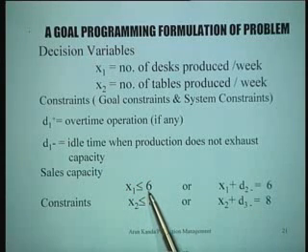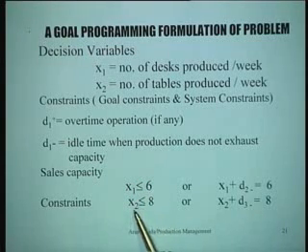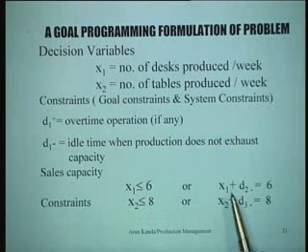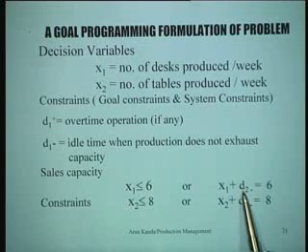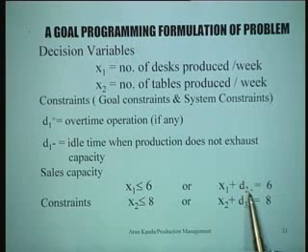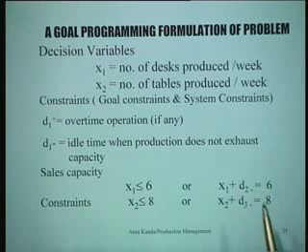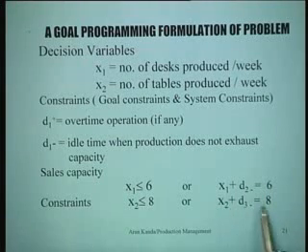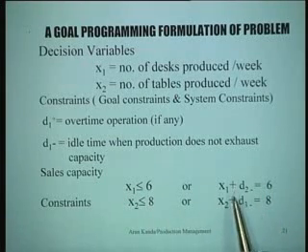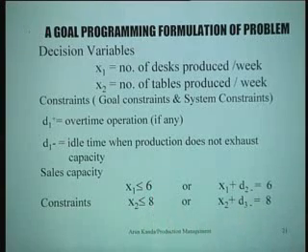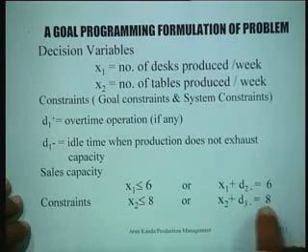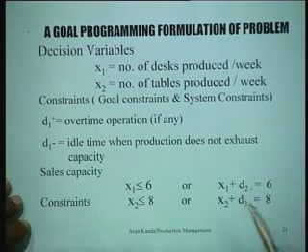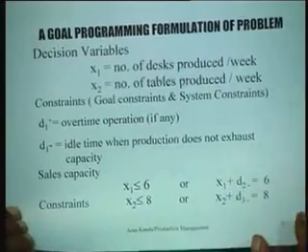So this is the sales restriction, X1 is less than 6, X2 is less than 8, or we can introduce here, like a slack variable, D2 minus, which would be the undertime capacity. So this is equal to 6 here, and this would be equal to 8. So we have converted these two inequations into two kinds of goals using these deviational variables D2 minus and D3 minus.